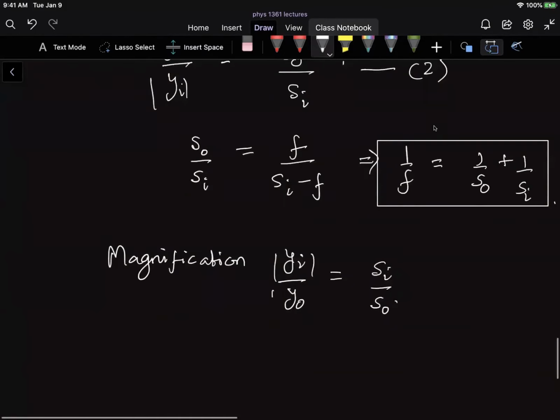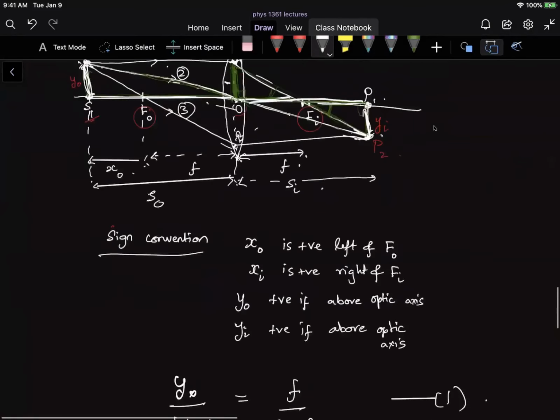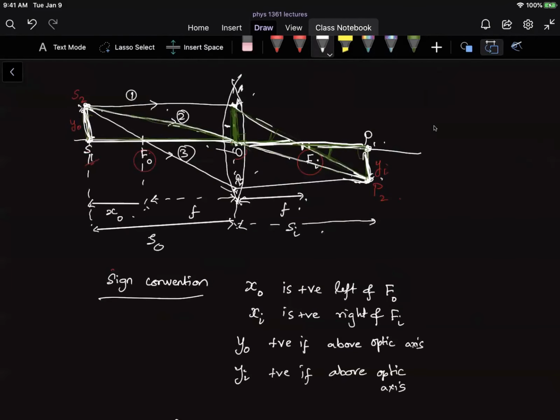So if you're just simply calculating the magnitudes of the magnification, and the sign, as I said, we can see from this equation, is going to depend on whether SO and SI end up having the same sign or not.